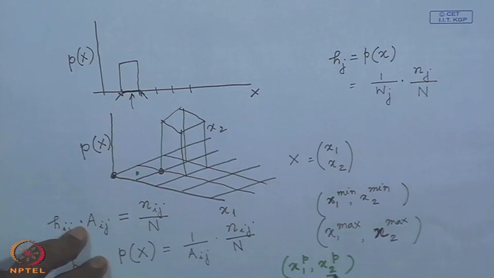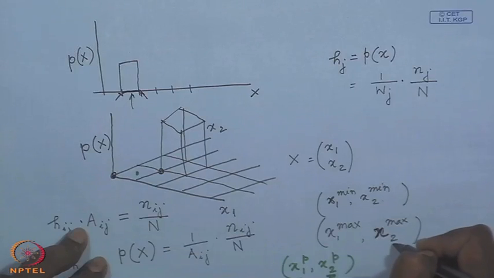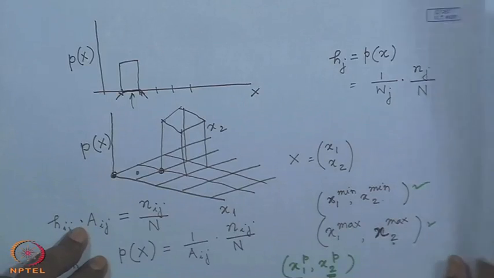Simultaneously, x2p has to be greater than or equal to x2 min, and it has to be less than x2 max. So, if I simply have the min point and max point, I can easily determine which samples fall under which bin, and I can count the number of such samples.